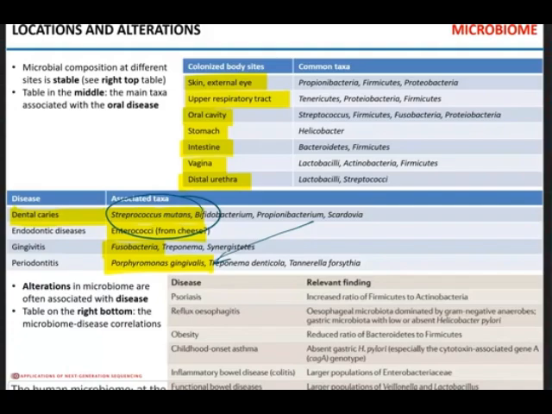Okay, so to summarize, what you need to know about microbiomes. First, microbial compositions at different sites are very similar among people.